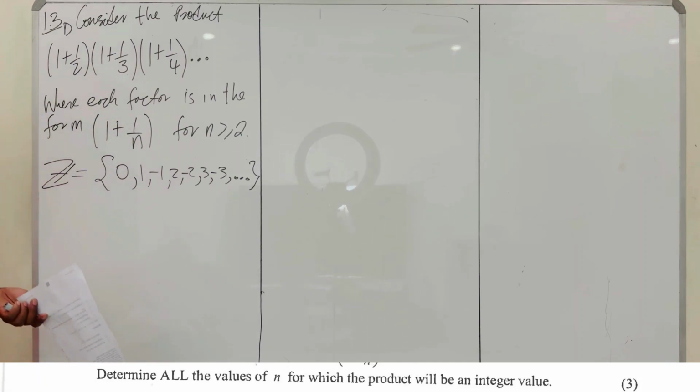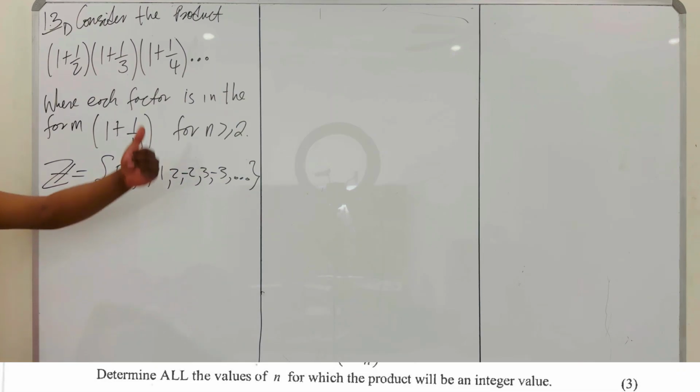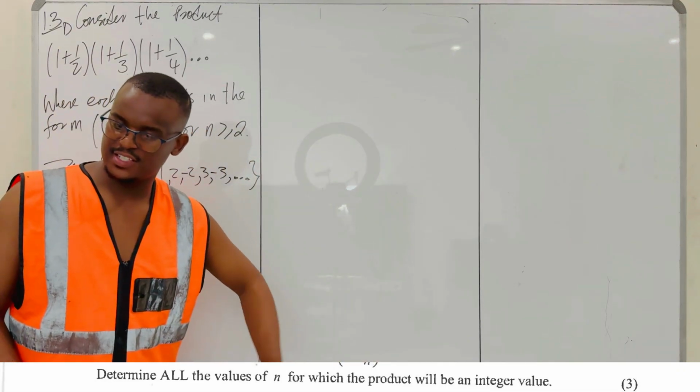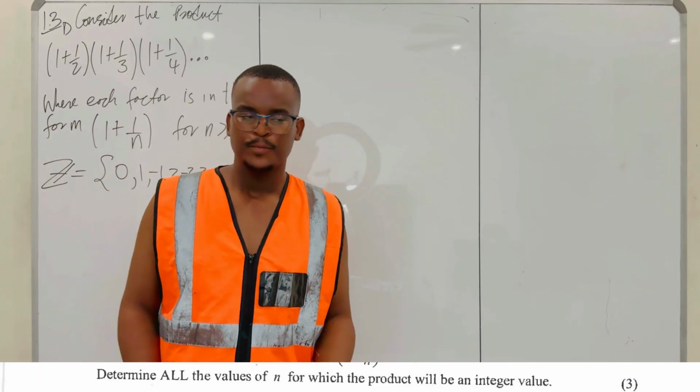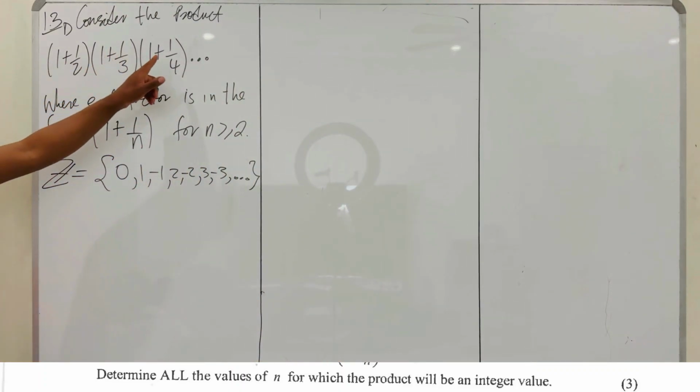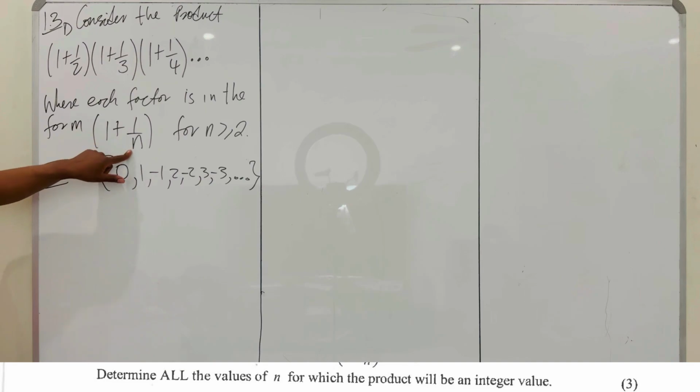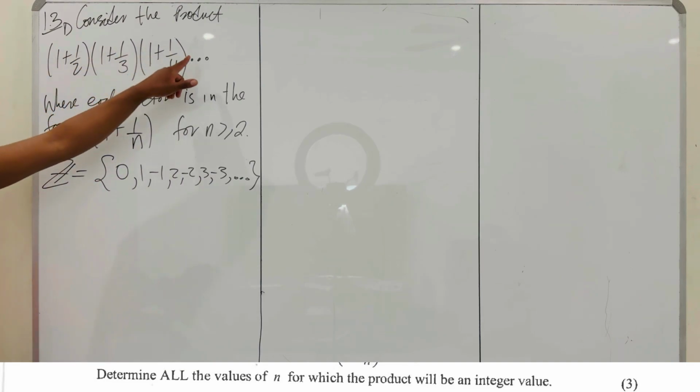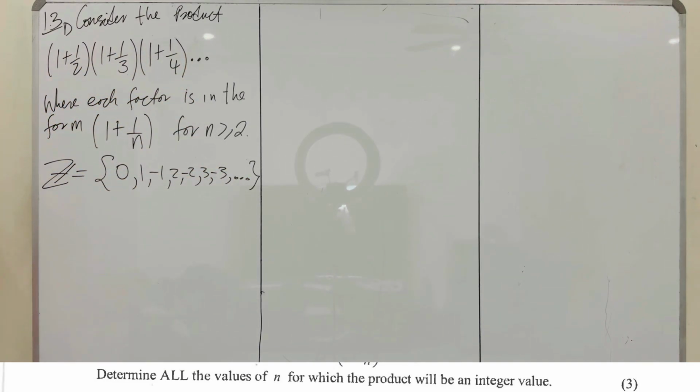So you want the product to be an integer value. You want the answer to this product to fall into one of the numbers in this set, so it will be 5 and -5, 6, -6, 7, -7, and so on. For which values of n does this product fall on this set? Are you happy with that?